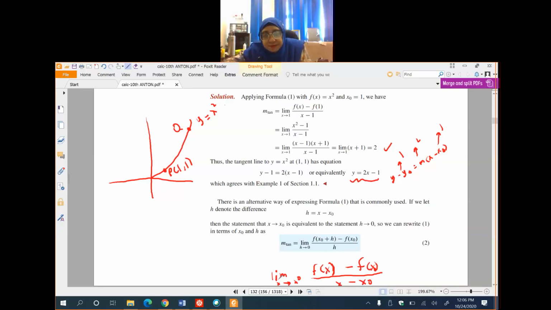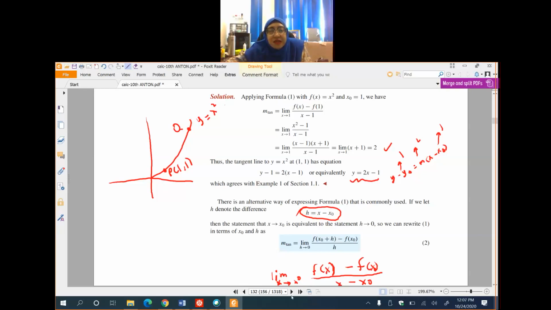Okay, if you look at here, what happens if you express x minus x naught as another variable, which is h? As x tends to x naught, if x is moving toward x naught, our h will move towards 0.